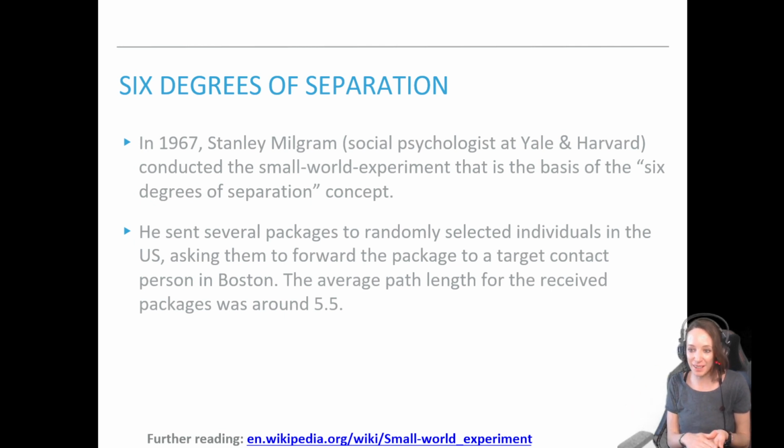And Stanley Milgram, who might be a name to many of you, conducted several psychological experiments, including the one called the six degrees of separation. He was based in Boston, I think at Harvard back then, and he was interested in how well people are connected in the US all over the place.